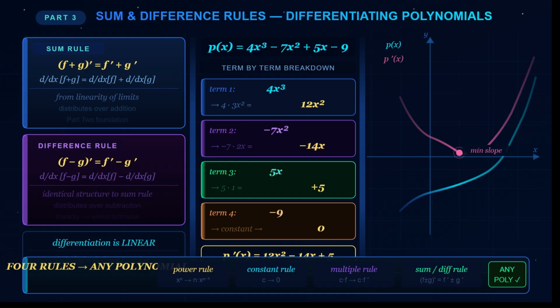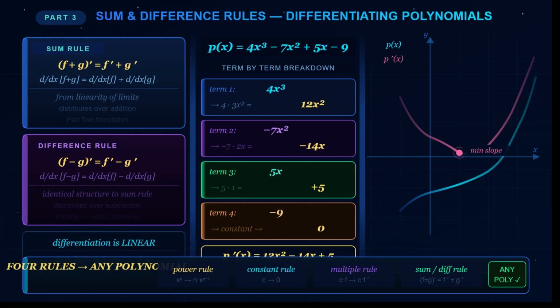In Leibniz form, d over dx of the quantity f of x plus g of x equals d over dx of f of x plus d over dx of g of x. The difference rule follows identically. d over dx of the quantity f of x minus g of x equals d over dx of f of x minus d over dx of g of x. These rules follow directly from the linearity of limits, which we established in Part 2.